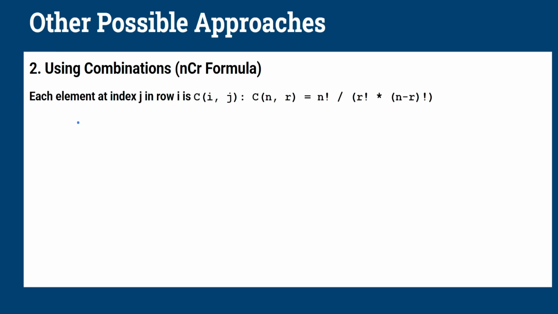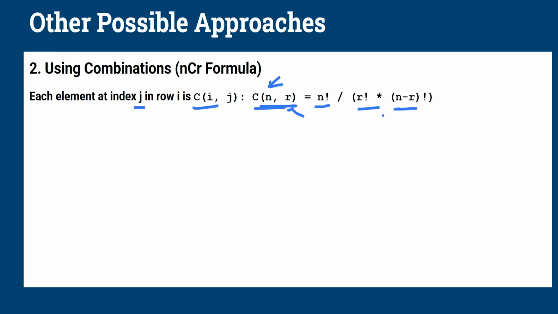Let's understand other approaches. If you apply the combination formula, nCr, the probability concept, for each element at index j, we can choose using nCr as the formula. If we have n things and we have to choose r of them, we compute factorial n divided by factorial r times factorial n minus r.